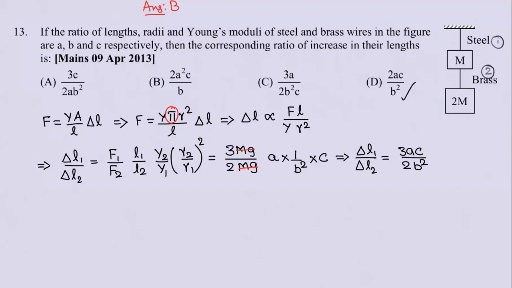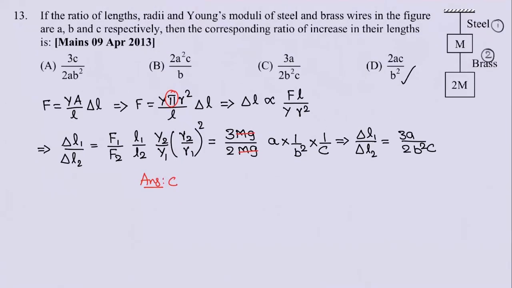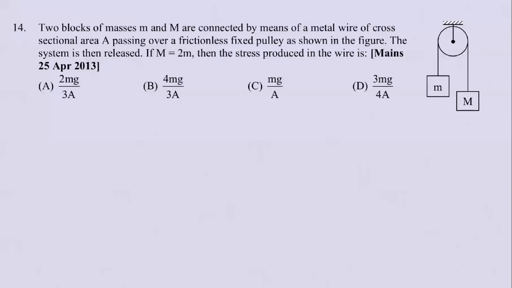So Young's modulus is not C, it's 1 by C. So 3A by 2B square C. Answer is C, Charlie. This is how you need to deal with it. Mechanics introduction makes it a little more complex here, right? Question number 14.